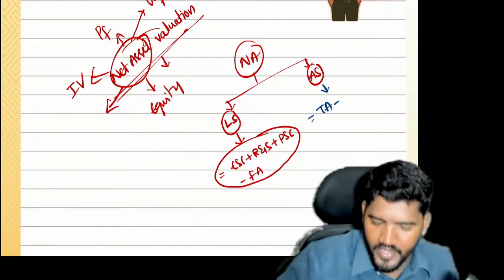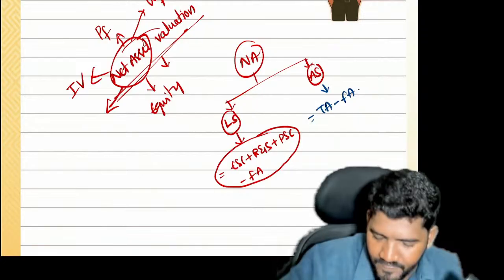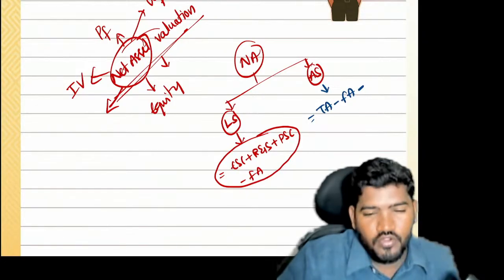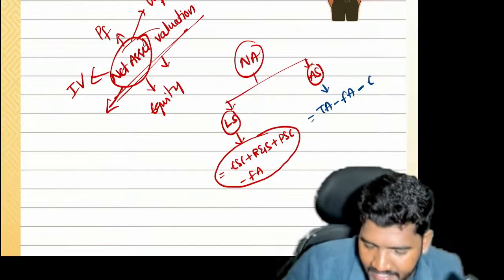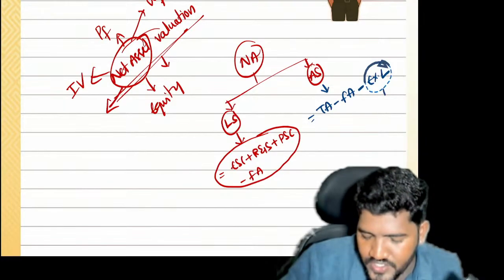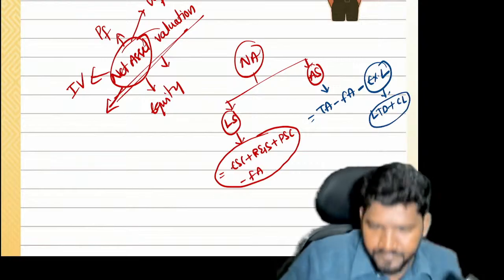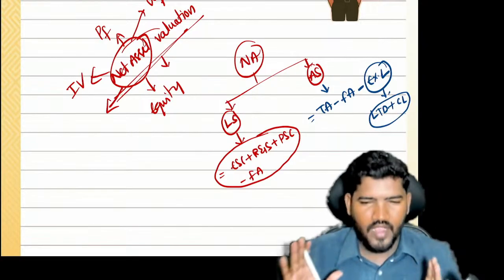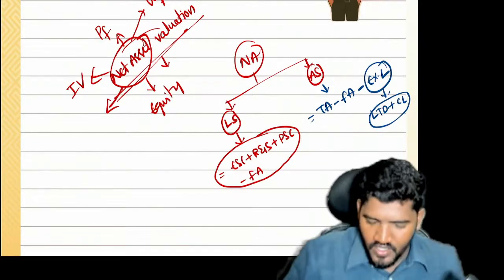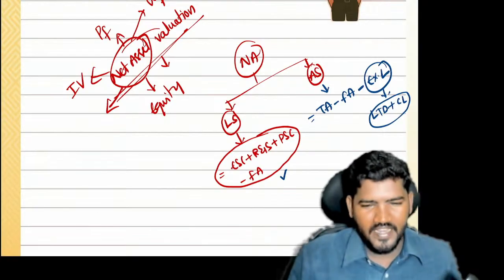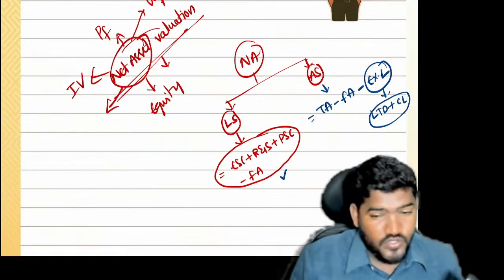If included, less fictitious assets, then you will get the net total assets. Out of net total assets, minus external liabilities. The word external liability means long-term debt plus current liability. So these are the ways we have to calculate net assets, guys. If you use this, you will get a direct answer. At least it will be a one or two line answer.